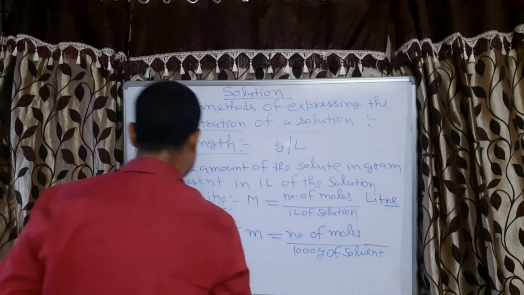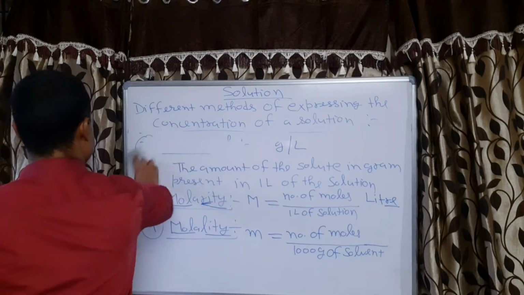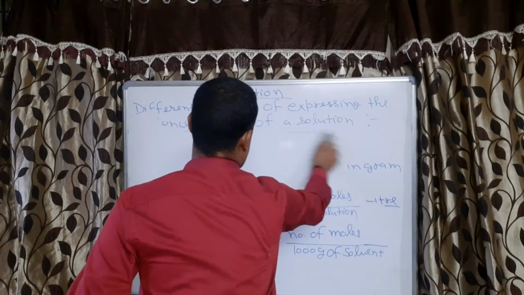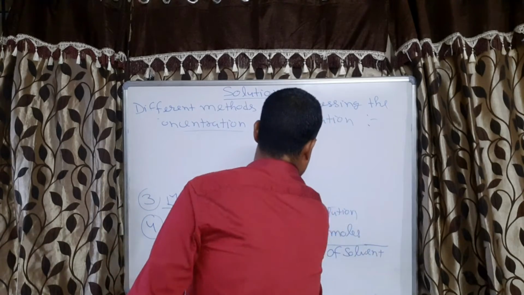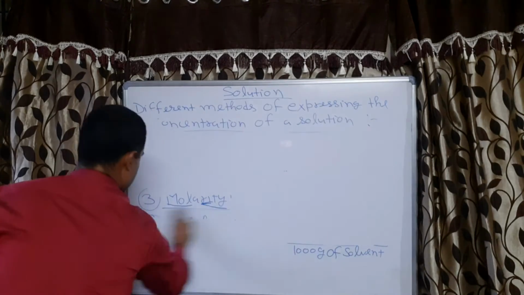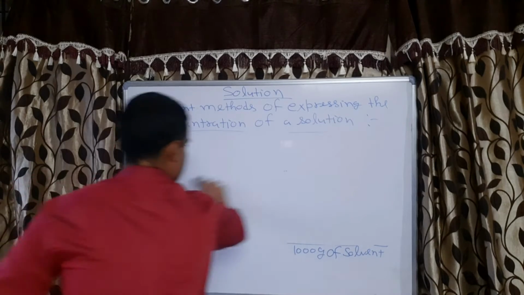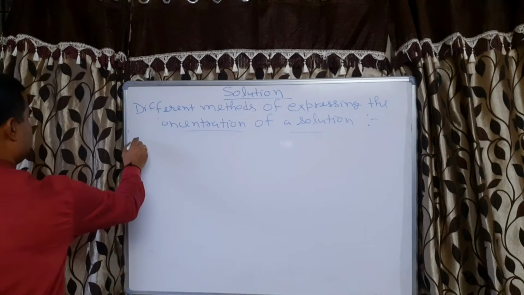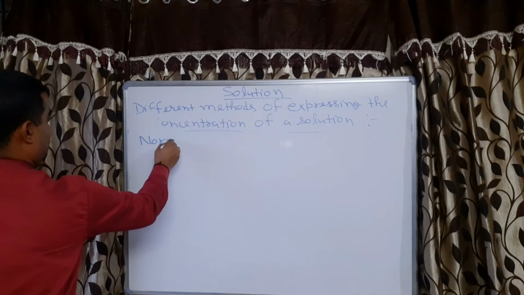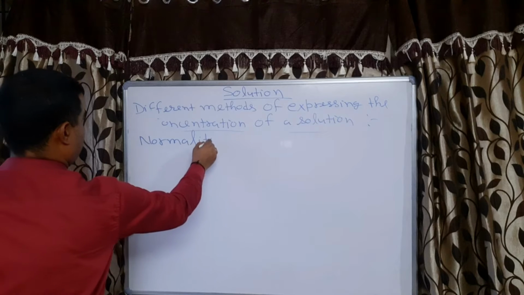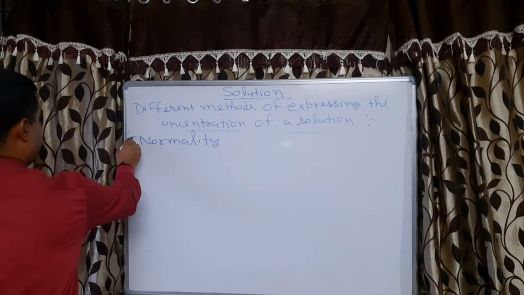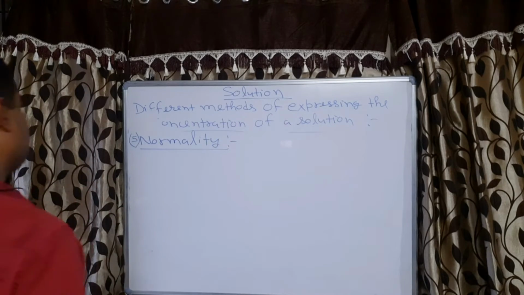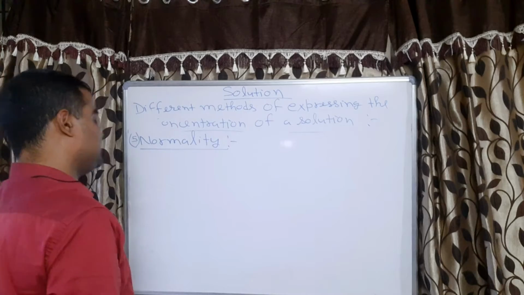Fine. Now next is normality. This is fifth one, correct? First is percentage, then strength, molarity and normality. What is this?